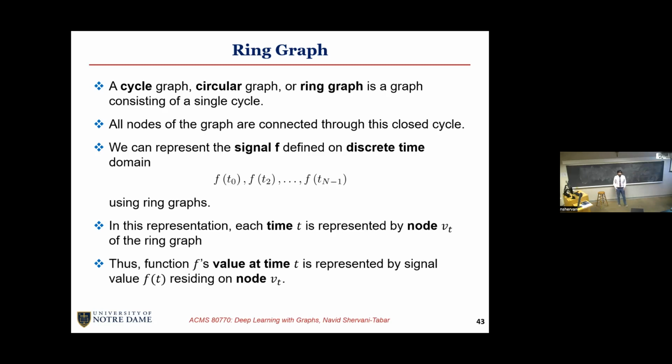Then our function is going to be represented on that graph, meaning that I will have a real value f(t0) corresponding to node v0. I will have a value f(t2) corresponding to node v2, and so on. And there is no reason why we don't have t1 here. That's just a typo.